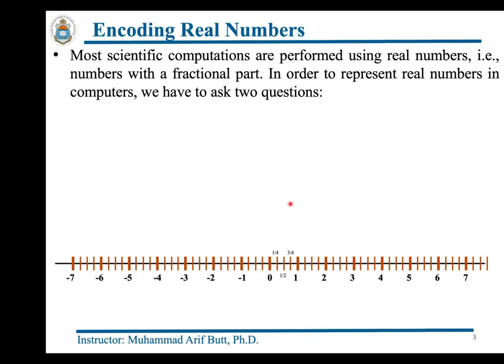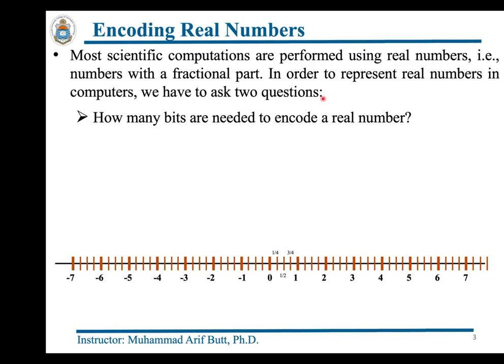Most scientific computations are performed using real numbers, that is, numbers with a fractional part. In order to represent real numbers in computers, we have to ask two questions. The first is, how many bits are needed to encode a real number?